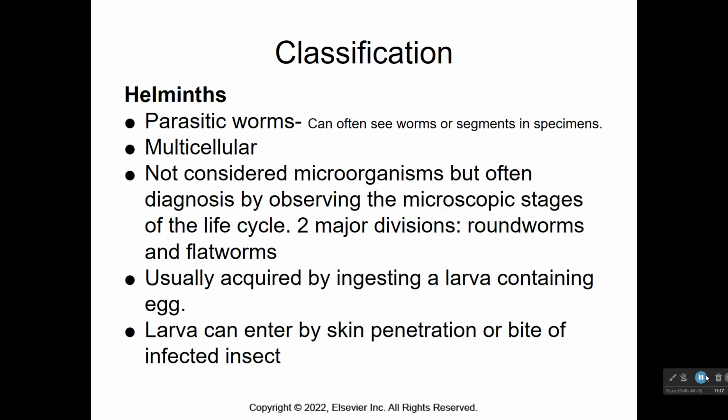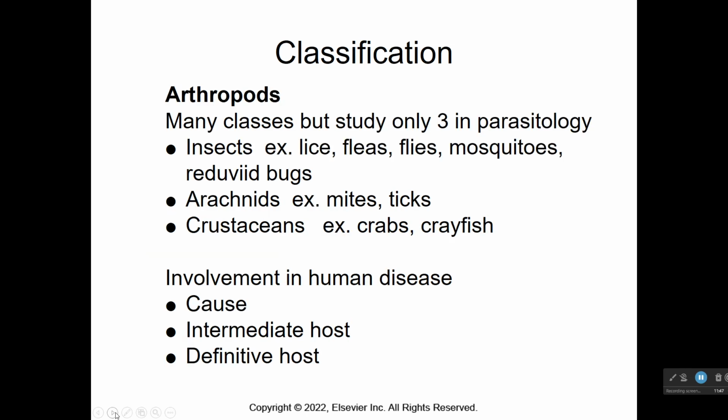Usually we get these by ingesting the larval form of the organism that contains the egg. We can either be infected by the larvae penetrating our skin, or an infected insect, some sort of arthropod, bites us and the larvae enters us. We'll learn later how, when the larvae enters us, that life cycle moves through us.